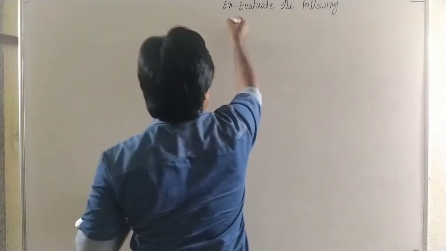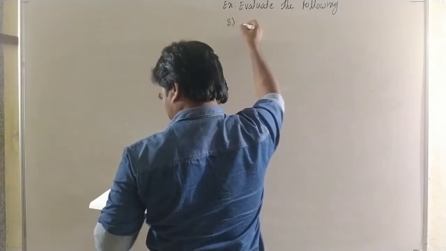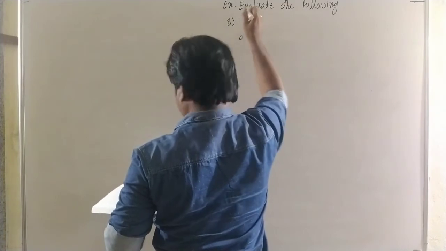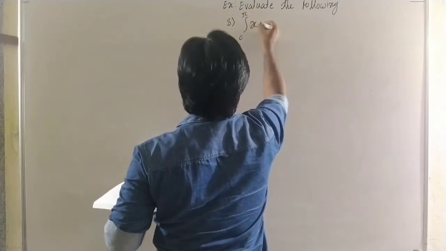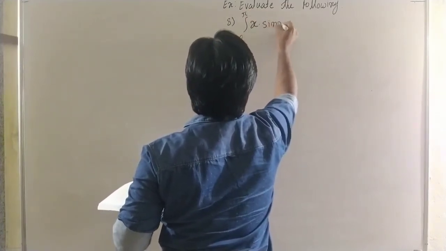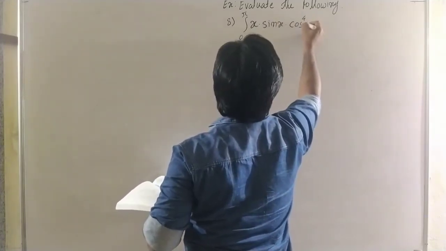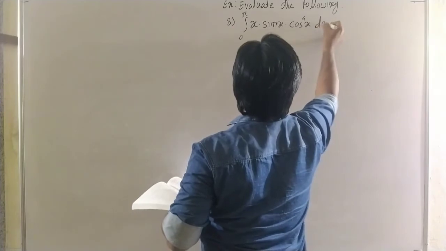Example number 8. Integral 0 to pi x into sin x into cos to the power 4x dx.